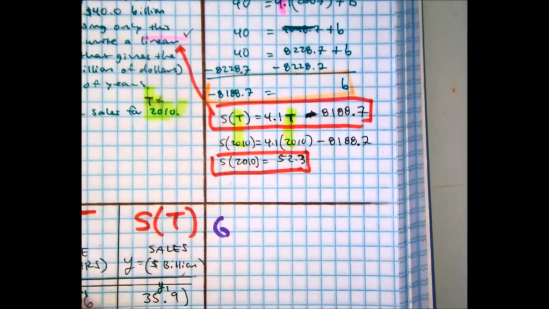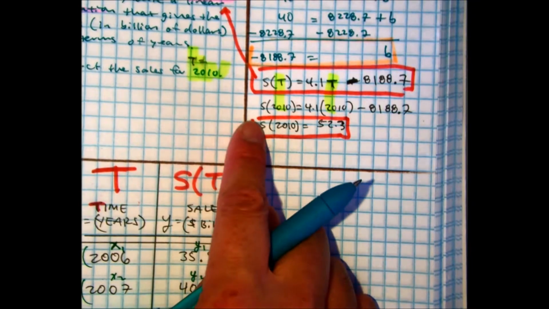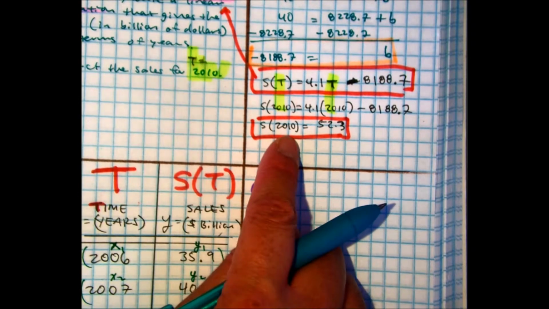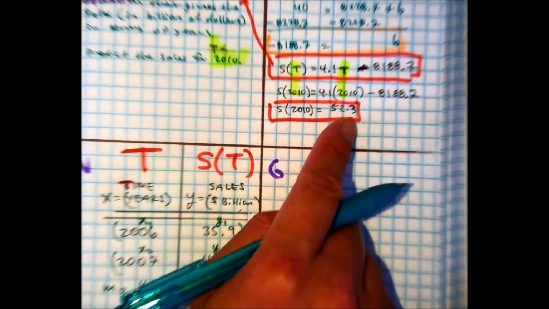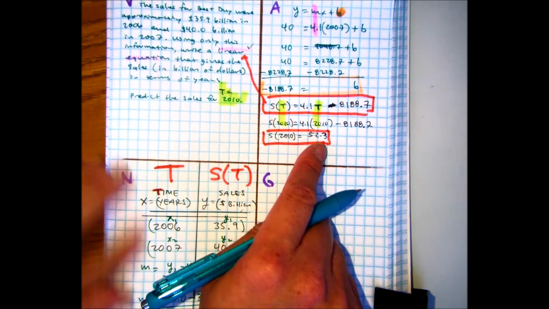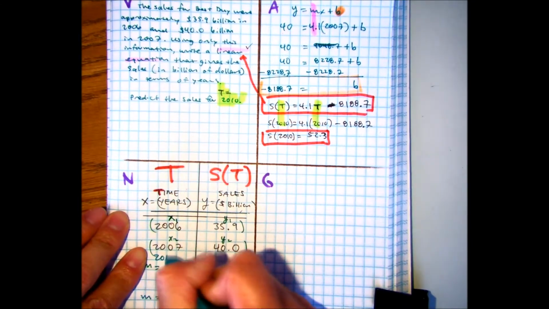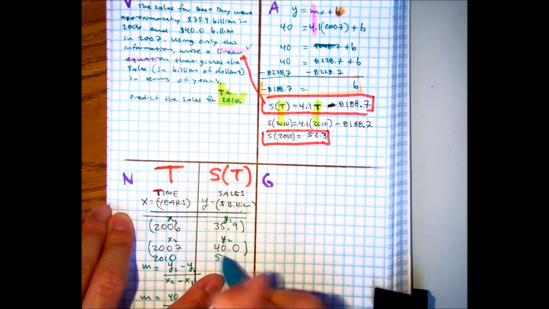So we're saying that our sales, as a function of time, where time is 2010, we're going to have $52.3 billion in sales.